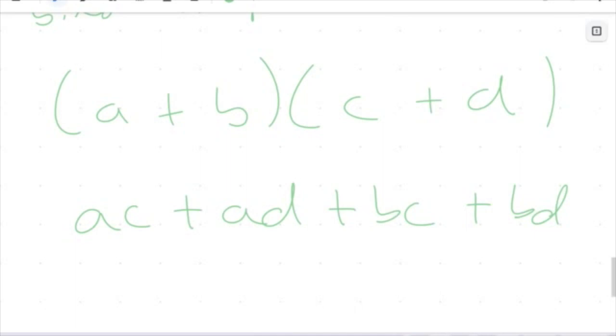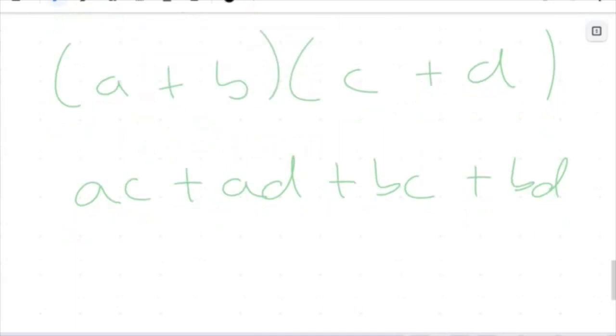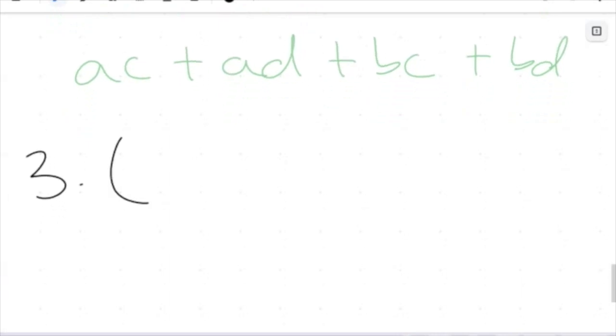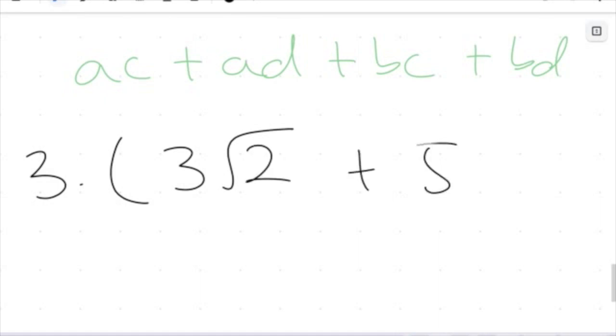And we're going to explore in the last two examples just some of the other patterns we saw for expanding brackets. The first one we're going to look at is a perfect square. So 3 root 2 plus 5 root 3, all squared.